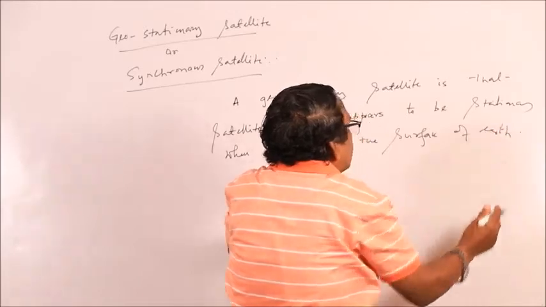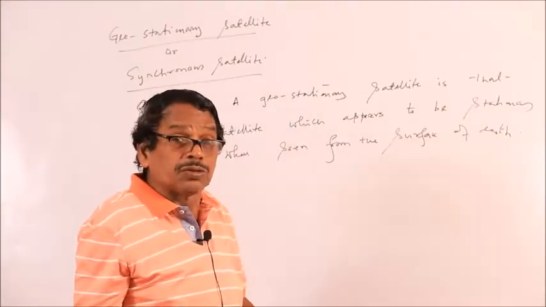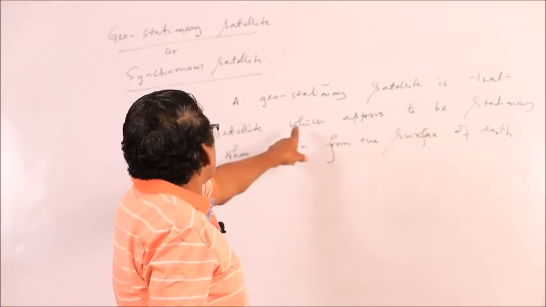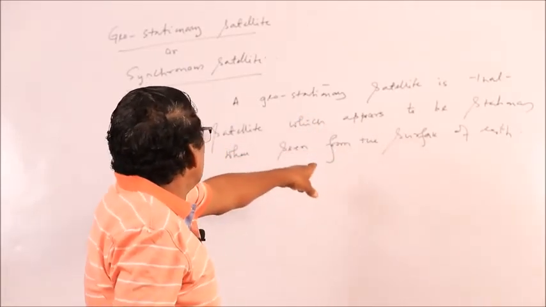Our TV program etc. are done through this geostationary satellite. A geostationary satellite is that satellite which appears to be stationary when seen from the surface of earth.